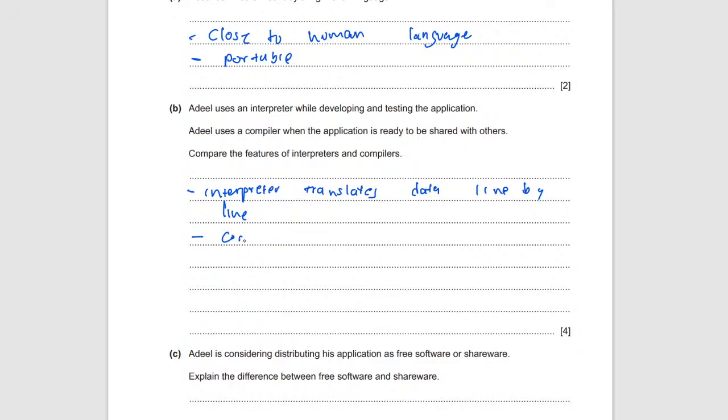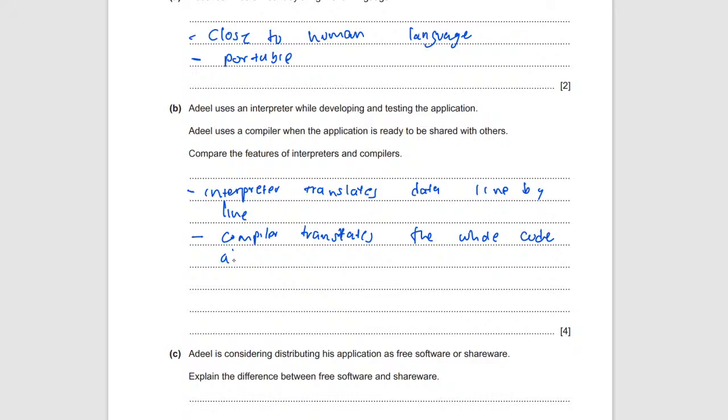The compiler translates data in one go, the entire code at once.